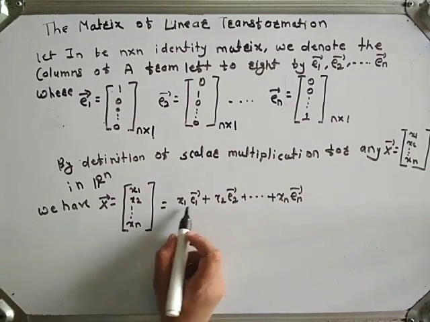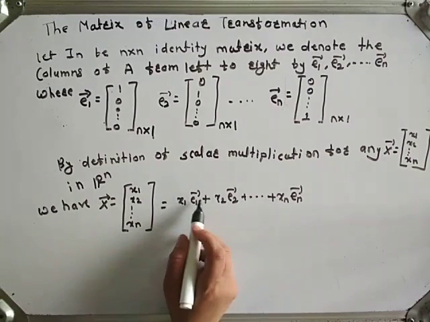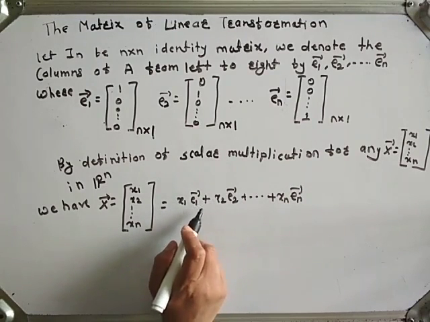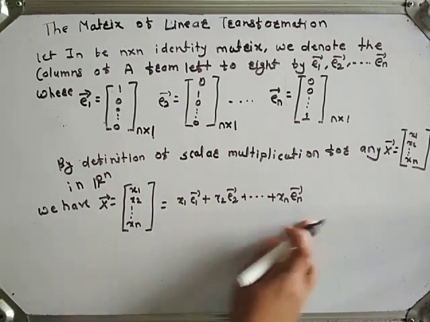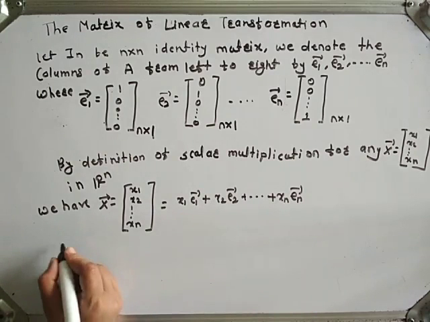This shows that every vector in Rn is a linear combination of E1 bar, E2 bar, E3 bar and so on up to En bar.